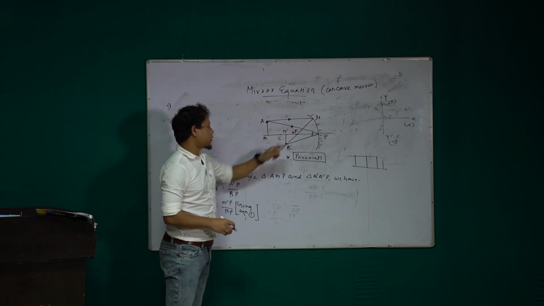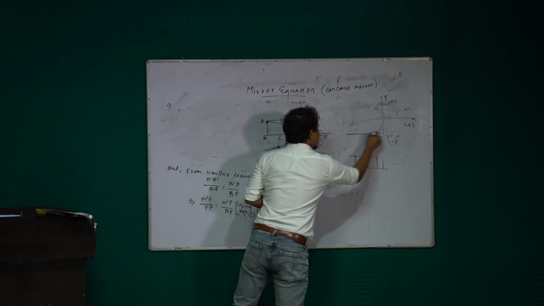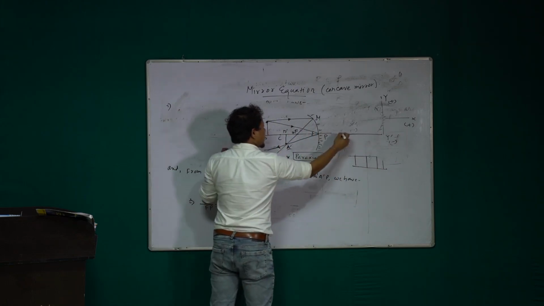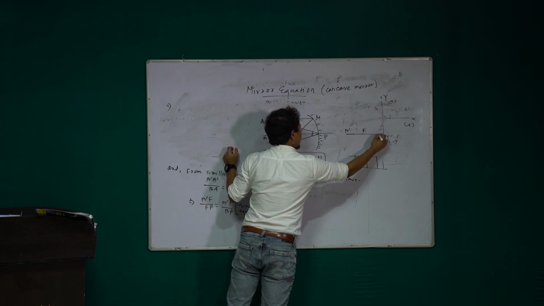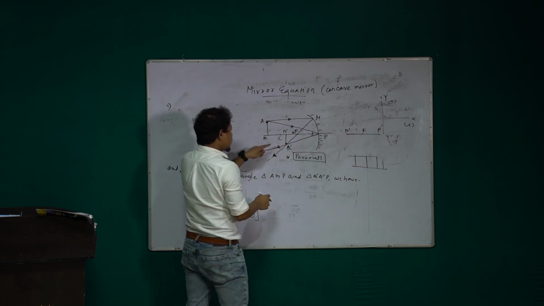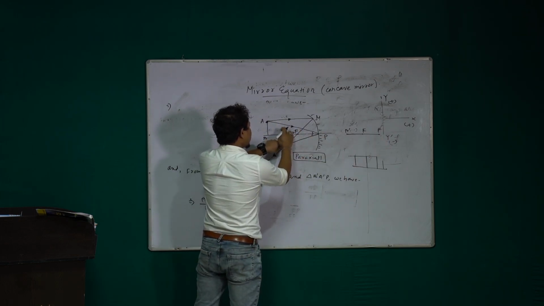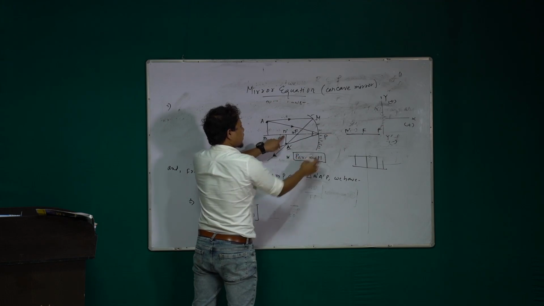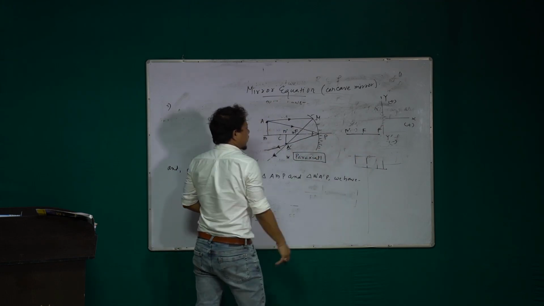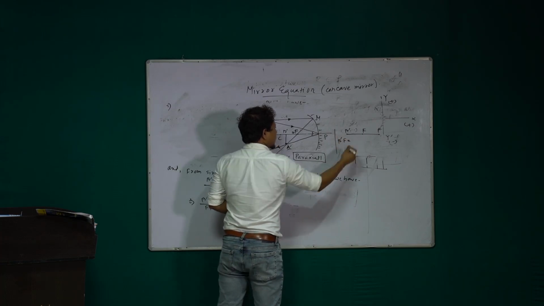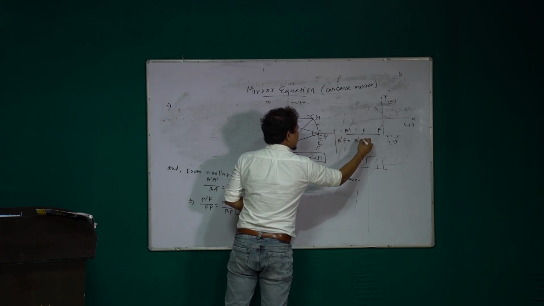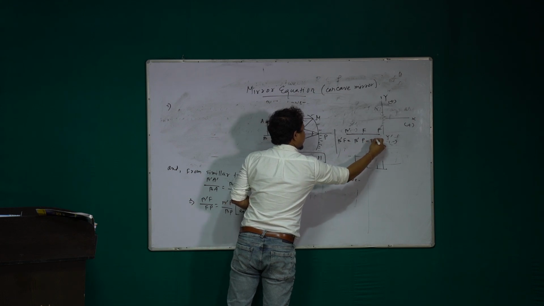B'F: now you take this particular line, B'F and this is P, I'm assuming this line B'P. From this particular line, B'F can be expressed as B'P minus FP.